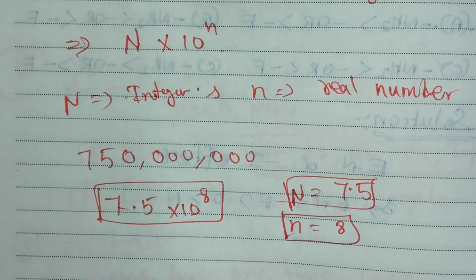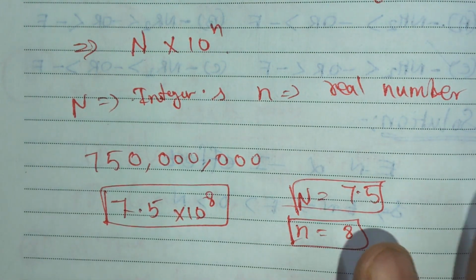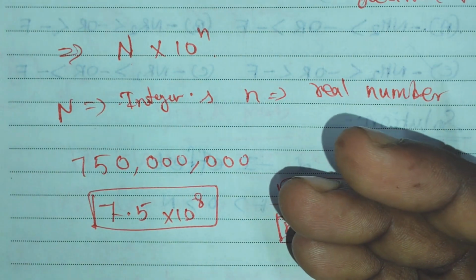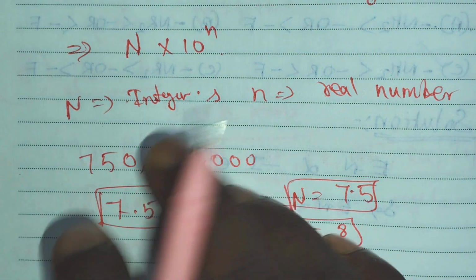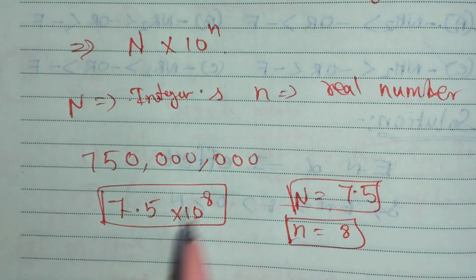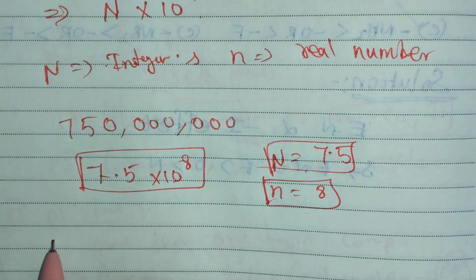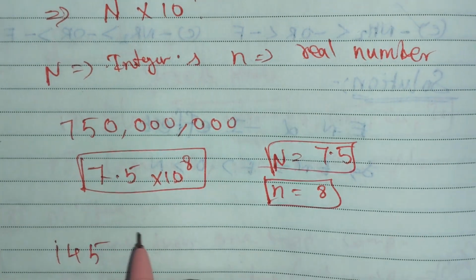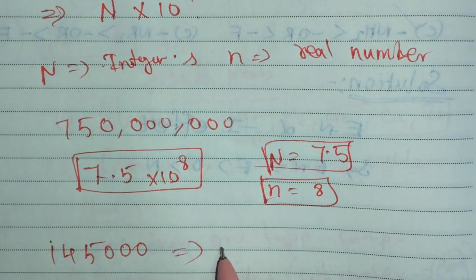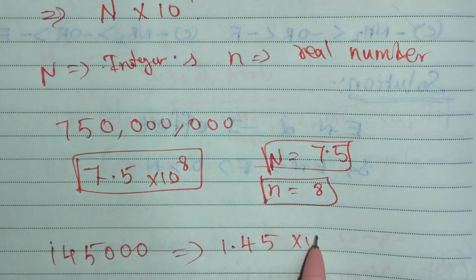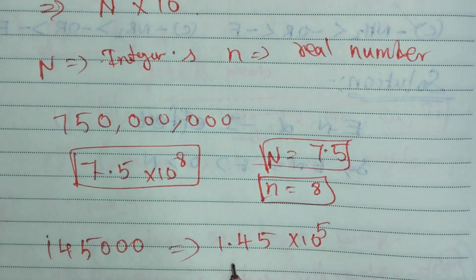So generally, scientific notation conveniently represents a very large or very small number in a small decimal form. The decimal point can move left or right as we choose. For example, see this value 145,000. We can represent this as 1.45 into 10 to the power of 5.